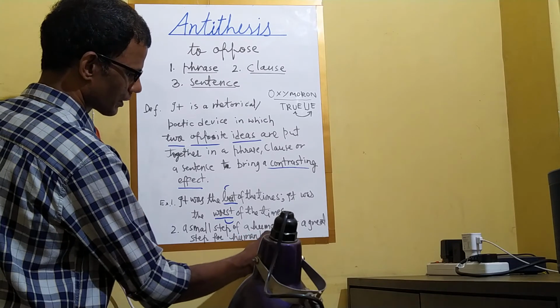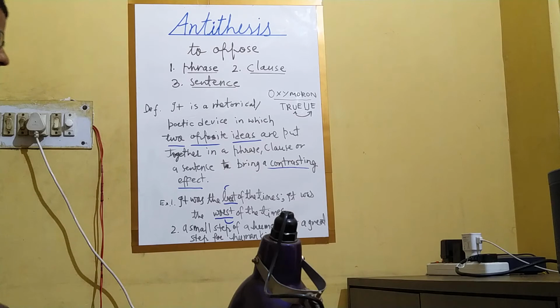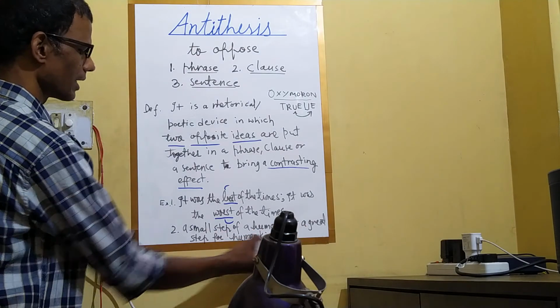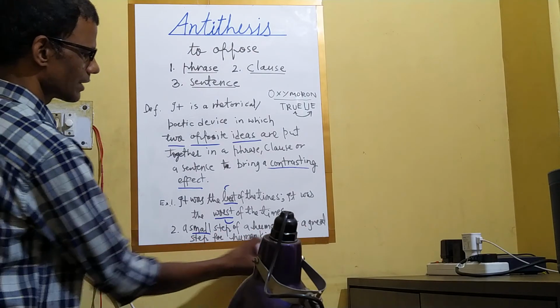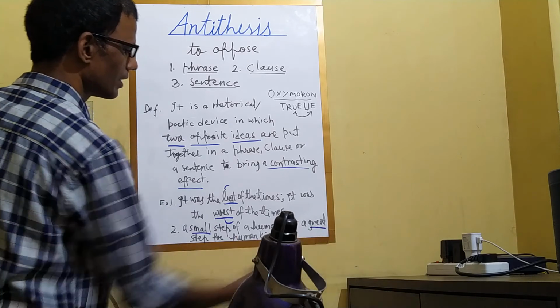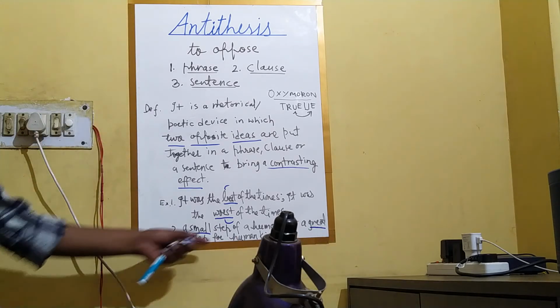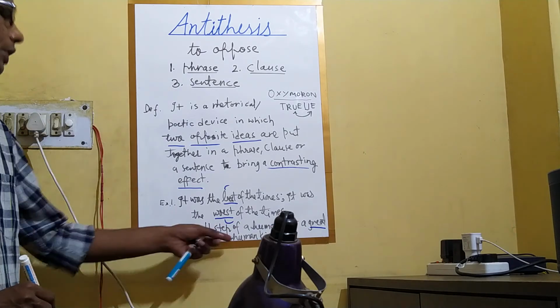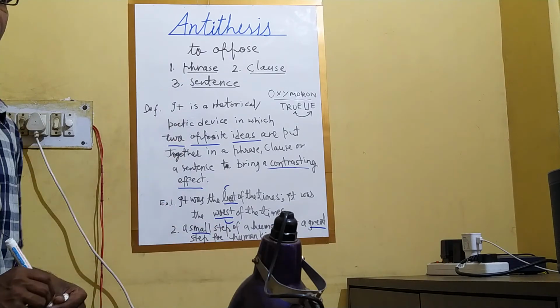Of course, it was a great step for humankind. So you have here a small step of a human, but a great step for humankind. Here, small is contrasting with great. So you can see the two opposite ideas are put together in order to bring a contrasting effect. So that is called antithesis.